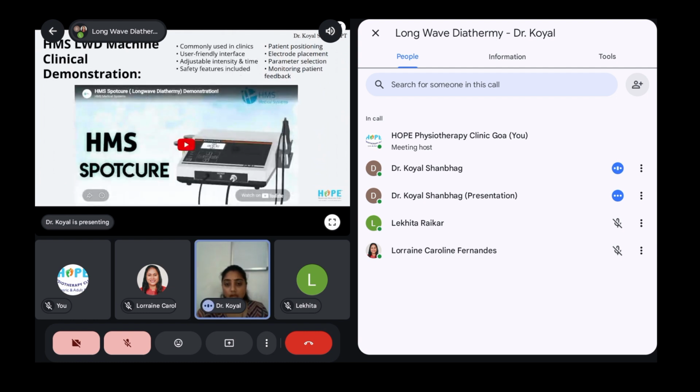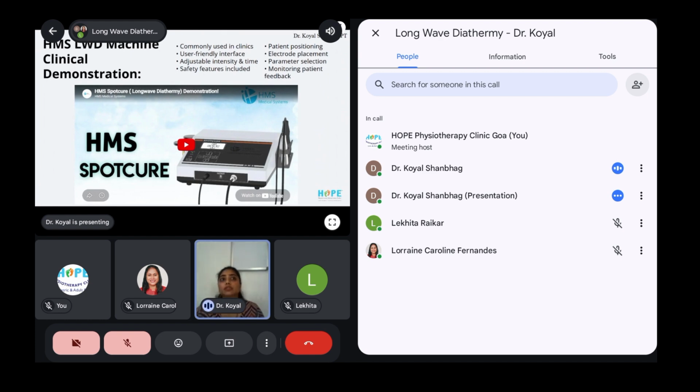Let's see what this machine is about and how we use it. It is commonly used in clinic setup. It is slightly difficult to carry at homes, and it's user friendly, it has adjustable intensity and time, and it's safe.